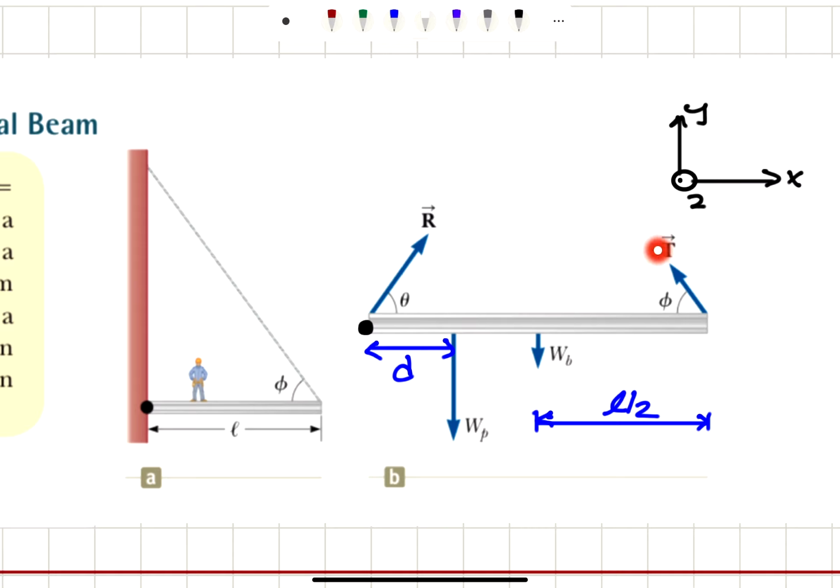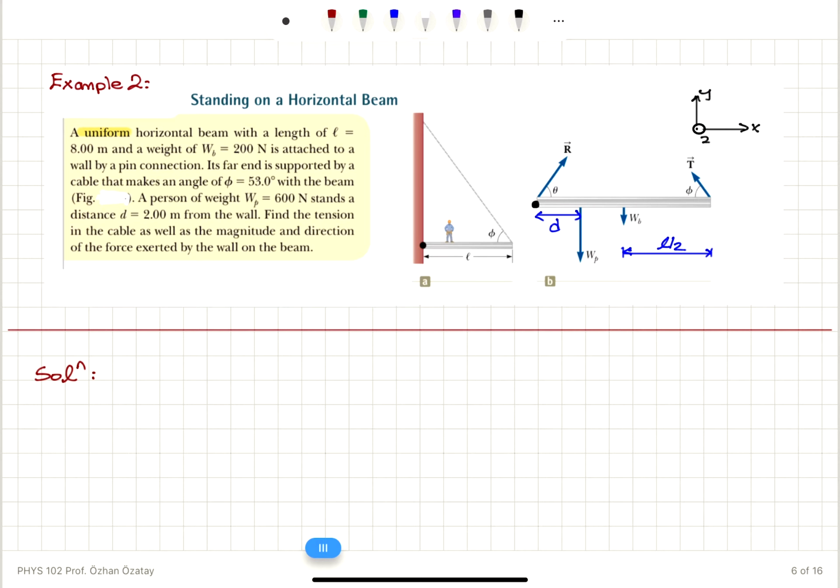There's a tension on the string and there will be a contact force here. Let's say that this contact force R makes an angle theta with respect to the horizontal. So the horizontal axis is the x-axis, vertical is y-axis, and z-axis is coming out of the page. The system is at static equilibrium.